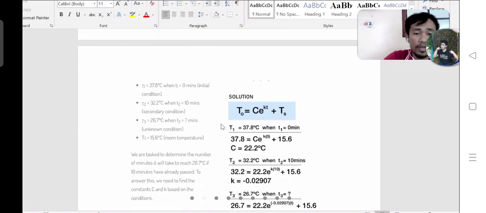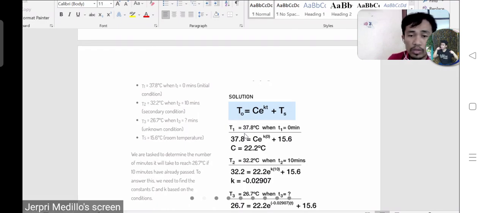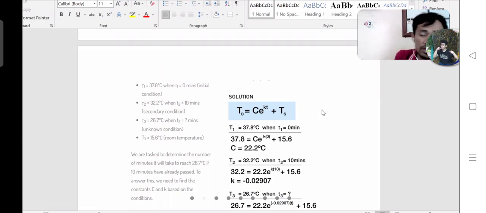So by solving with our formula, C e to the kt plus Ts, we substitute the values. T is 37.8 degrees Celsius when the time is 0. And Ts there is the temperature of the surroundings, the temperature of the environment.